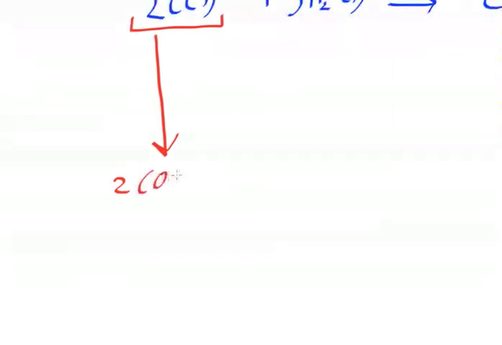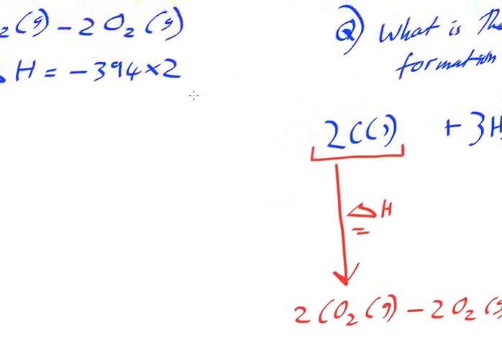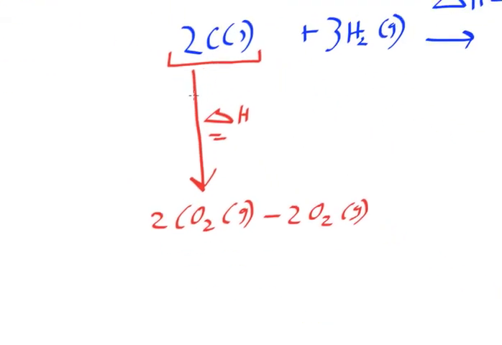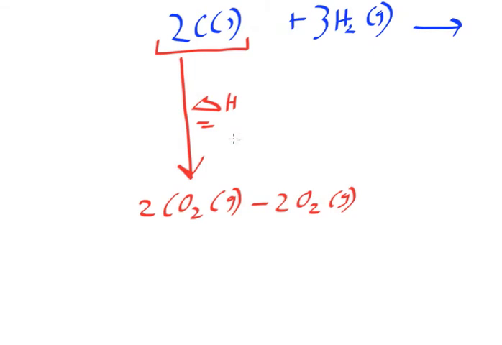So 2CO2 as a gas minus 2O2 as a gas. And my delta H for that is equal to this minus 394 times 2.